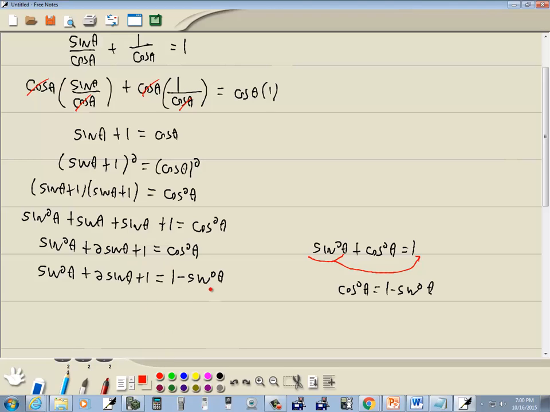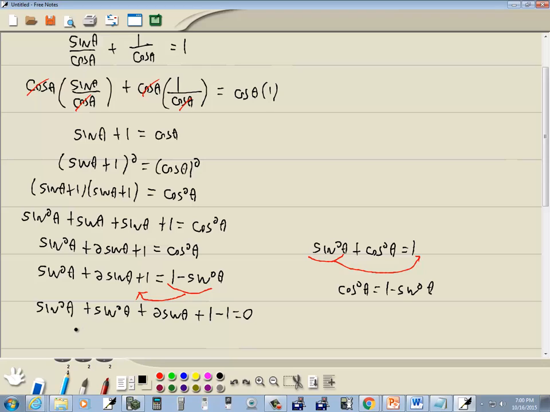Well, we want to get everything over on one side and then see if we can factor. So I'll take both these items here over the left side. So we get sine squared. When I take that negative sine squared over, it becomes a positive sine squared. Plus 2 sine theta plus 1. And when I take that 1 over, it becomes a negative 1.